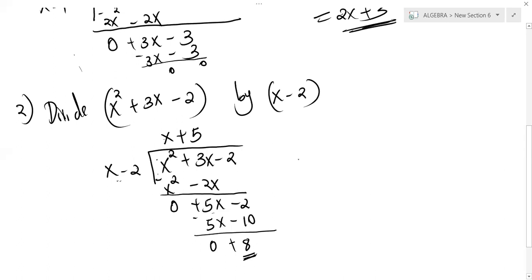So our answer here will be x plus 5 plus the remainder, 8 over x minus 2. And that will be our answer.